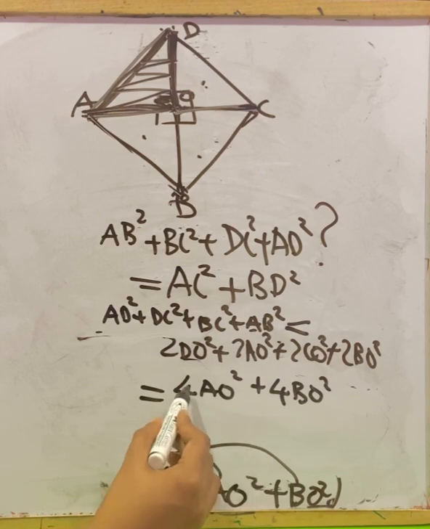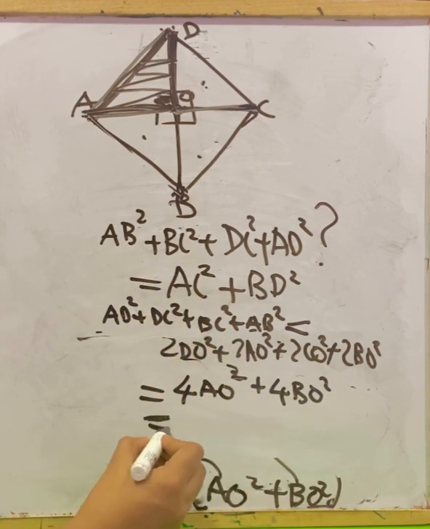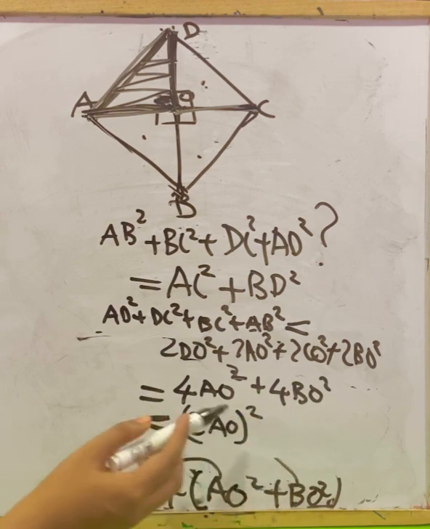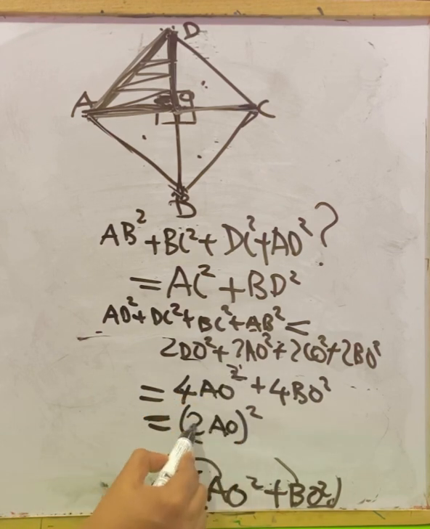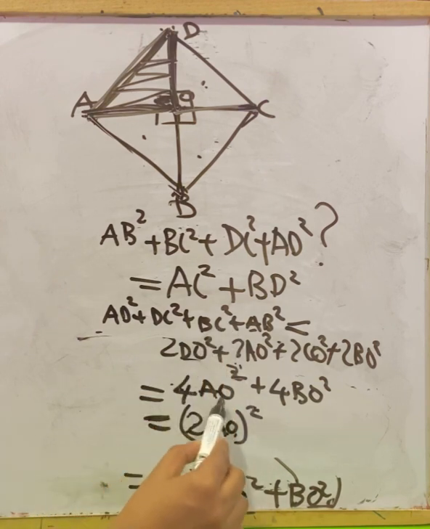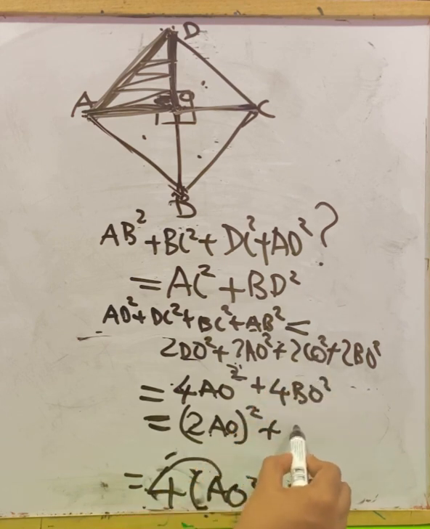If you take the square outside, we can rewrite this as 2AO whole square. Check it: 2AO whole square is 4AO square, that is 2 square is 4 and AO square is AO square. So 4AO square can be written as 2AO whole square. Similarly, 4BO square can be written as 2BO whole square.